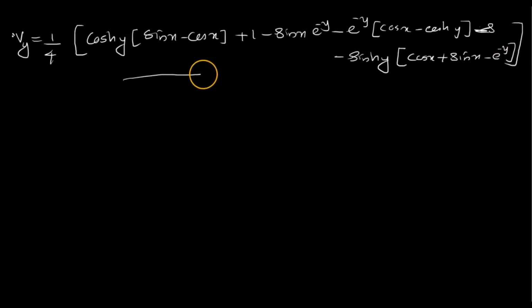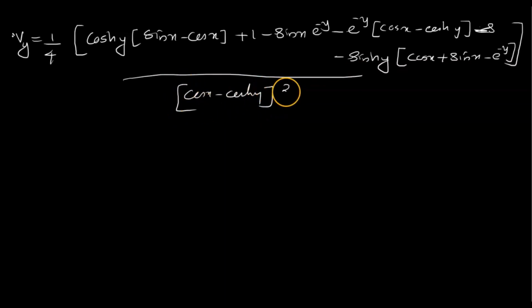This is the numerator and the denominator is cos x minus cos Hy all square. So we get Vx and Vy.